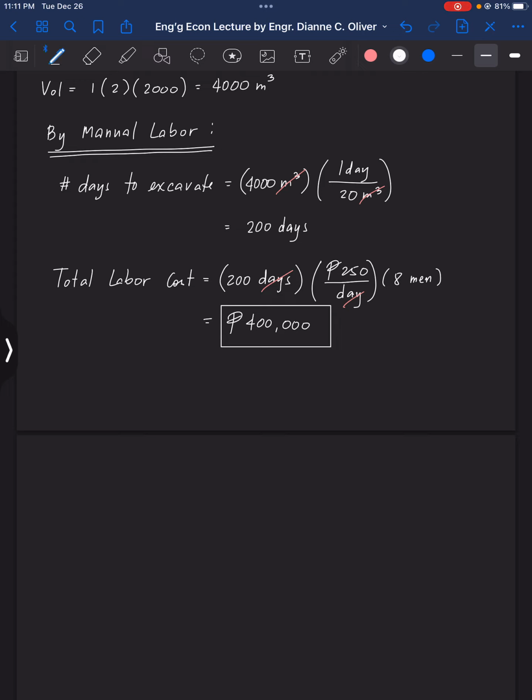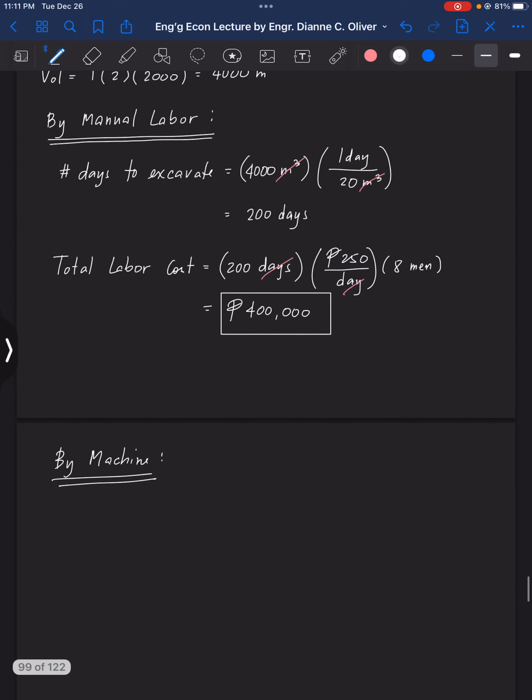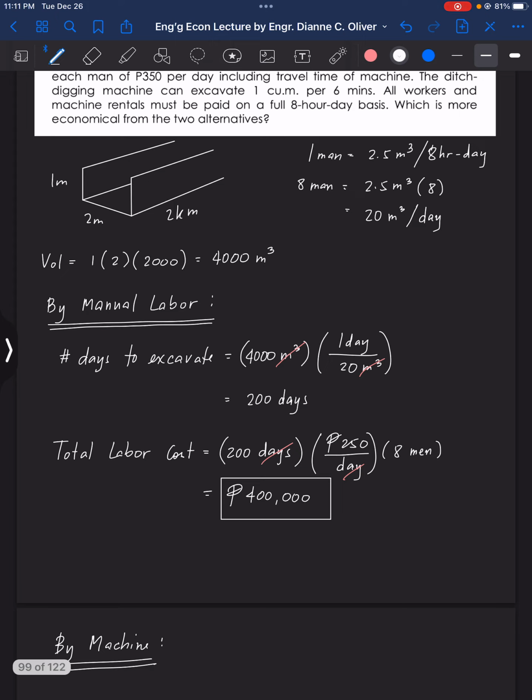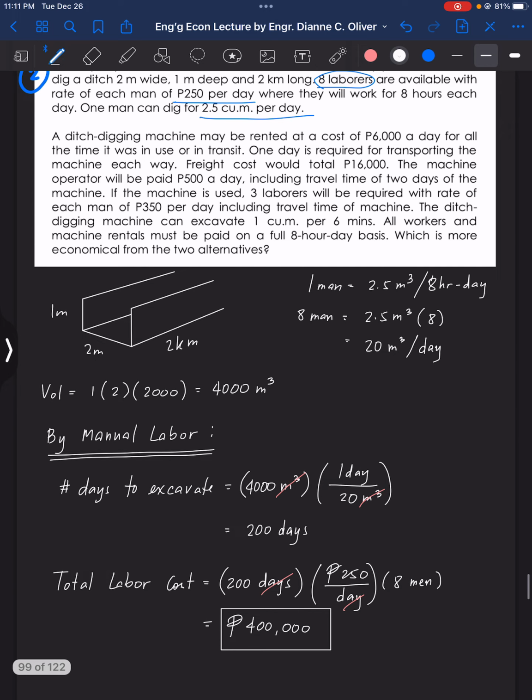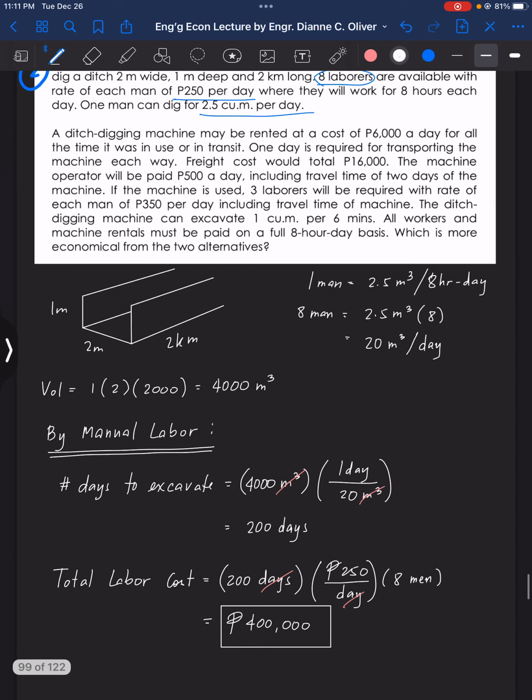Now how about by machine? The second alternative is by machine. So it says there that the machine has the capacity of 1 cubic meter per 6 minutes.